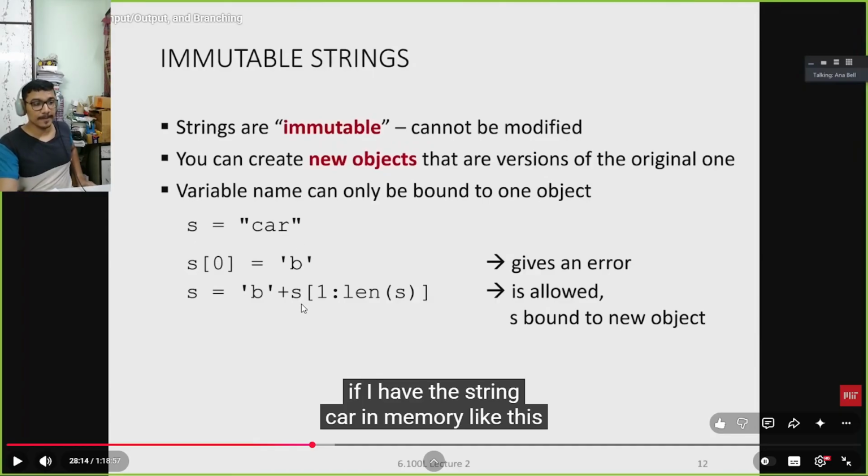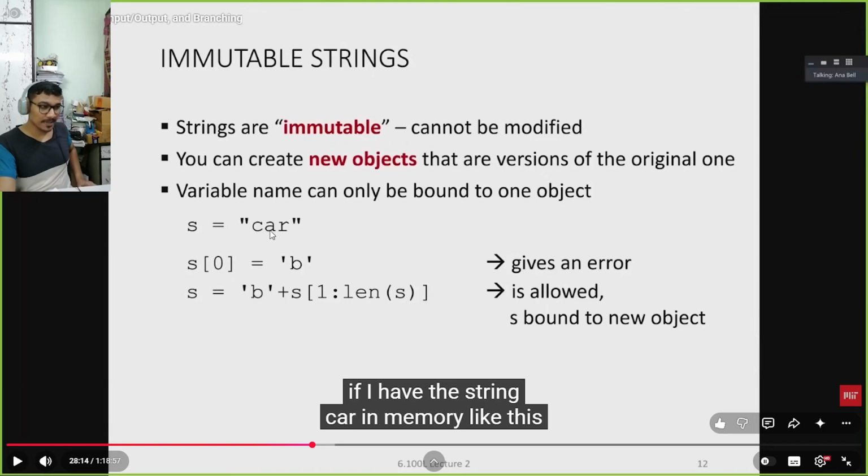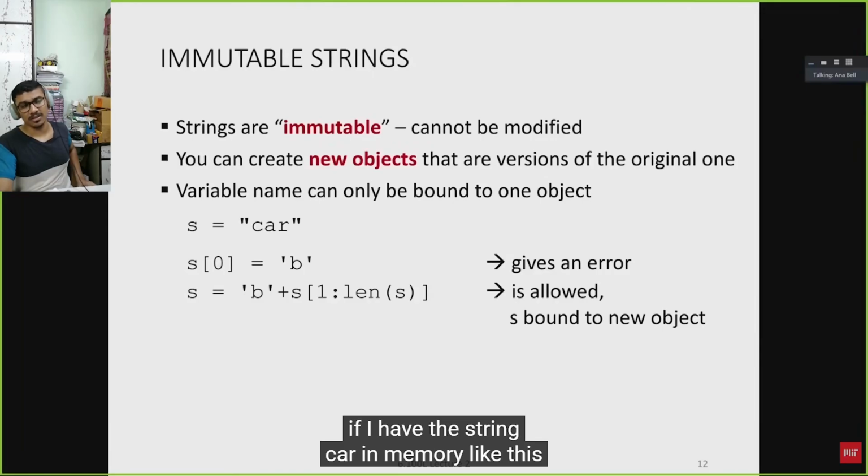All right, so let me just calculate that in my mind. Starting over 1. So 1 is this a, and length of s is basically 3. So 1, 2, 3.